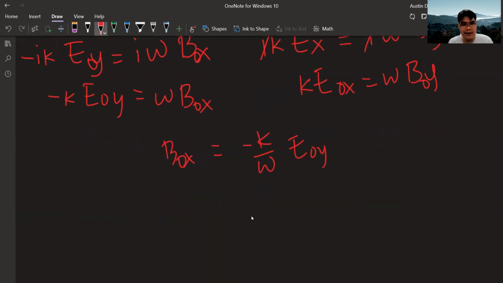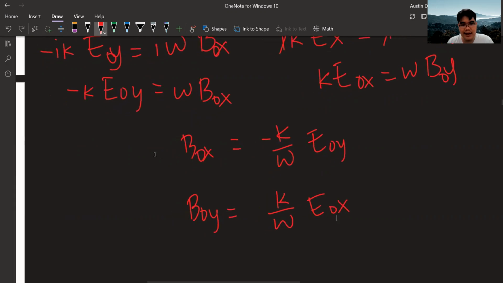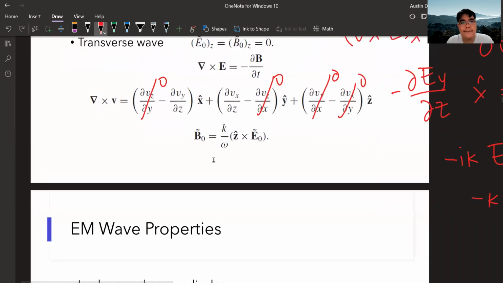And then the other one is B naught y is k over omega E naught x. And this could be generalized into this guy. This tells us that we can write down the magnetic field in terms of electric field. Okay, nice, no?